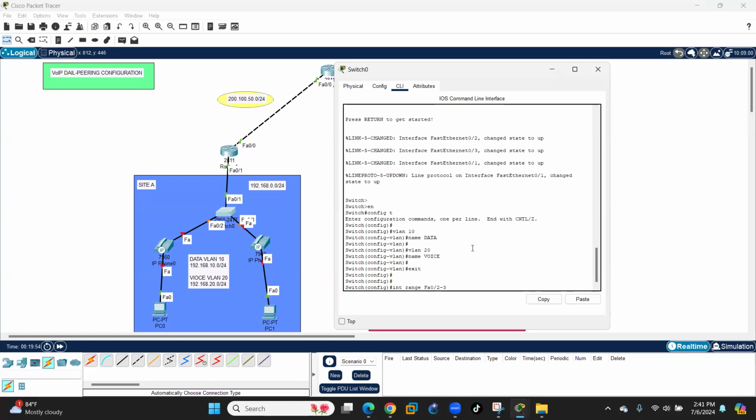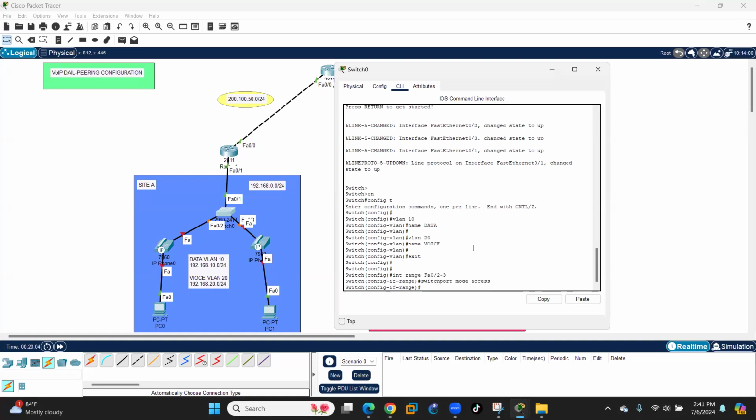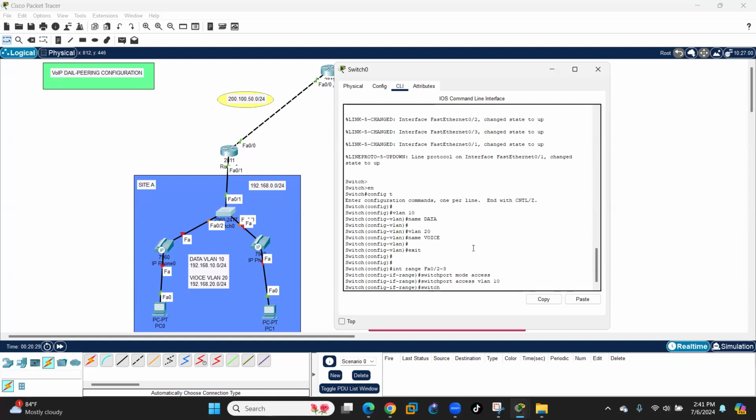FA0/2 to 3, that's the range. switchport mode access. switchport access vlan 10, which is the data VLAN. Then switchport voice vlan 20.